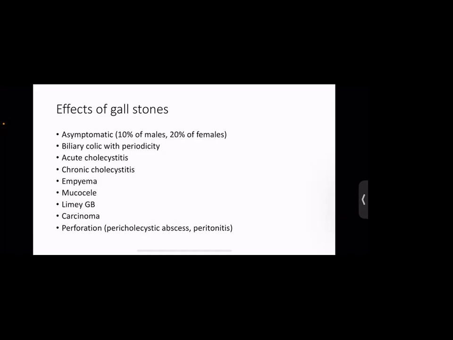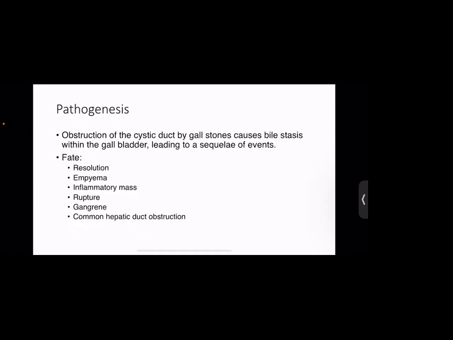It can cause limey gallbladder. This is a condition where the gallbladder is filled up with calcium phosphate deposits. It can also have malignant transformations, and there can also be perforations of the gallbladder. So the pathogenesis of calculous cholecystitis: there is obstruction of the cystic duct by gallstones, which causes bile stasis within the gallbladder, leading to a sequence of events.